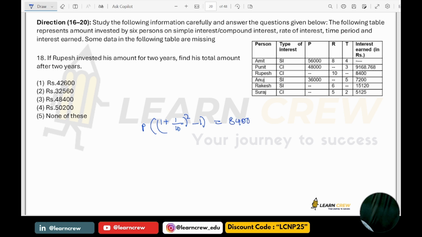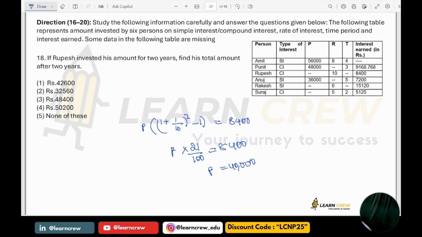Am I correct or not? For 2 years, the total amount is P into 1 plus R by 100 whole square, minus principal, is equal to interest, that is 8,400. If I simplify this, 121 minus 100, which is P into 21 by 100, is equal to 8,400. So I got P as 40,000.